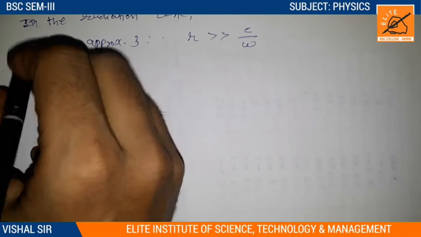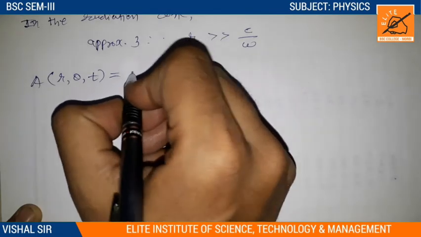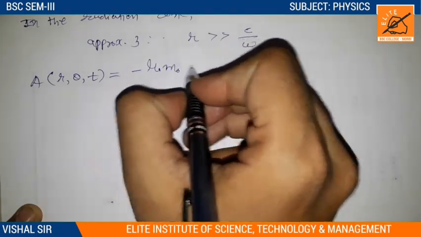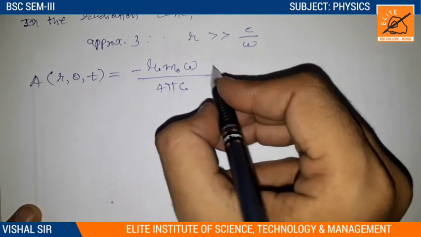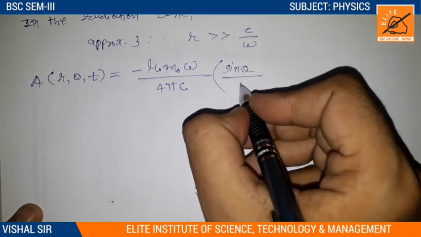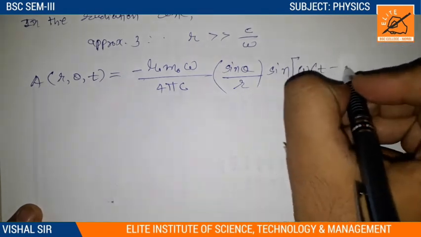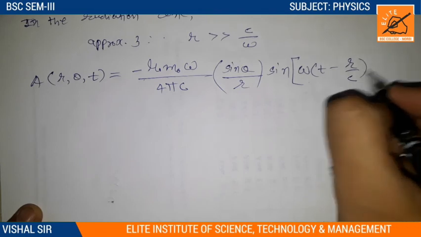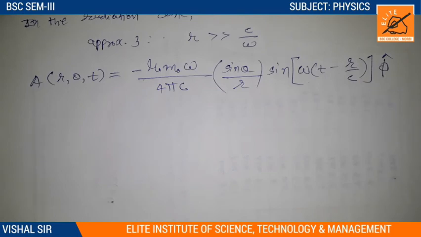So we can write A of r theta t is equal to minus mu 0 m0 omega upon 4 pi c, into sin theta upon r and sin omega t minus r upon c, phi cap. So this will be the formula for the potential of a magnetic dipole.